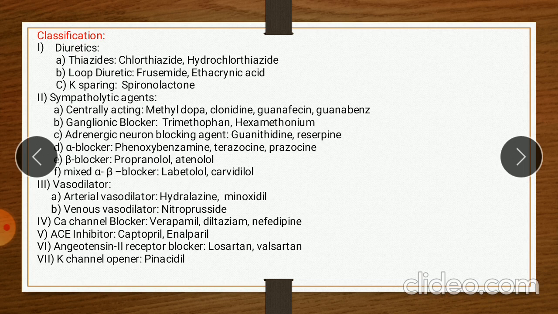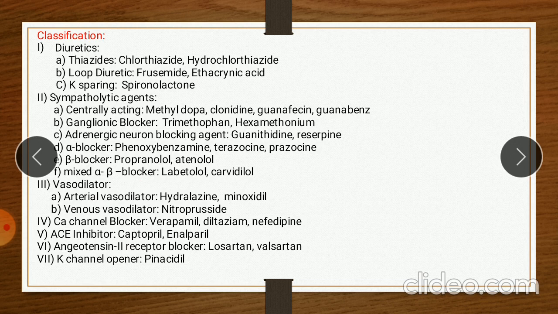Then the third class is vasodilators. As the name indicates, they dilate the blood vessels. There are two types: arterial vasodilators, which cause dilation of arteries, examples hydralazine and minoxidil, and venous vasodilators, which dilate the veins, example nitroprusside. The fourth class is calcium channel blockers, examples verapamil, diltiazem, nifedipine.